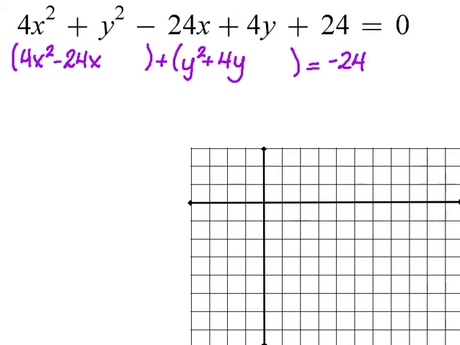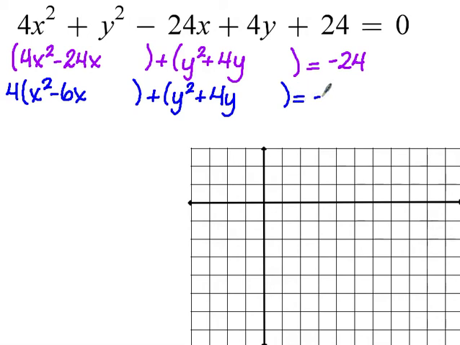Now what do you have to do? Okay, now we take the 4 out of the x's. Good. So I've got 4 times x squared minus 6x. Because that's when you take the 4 from 24.